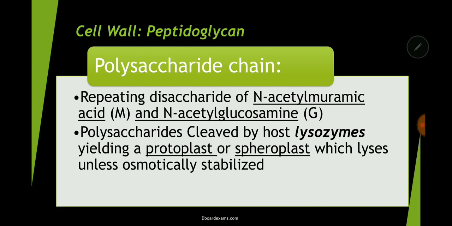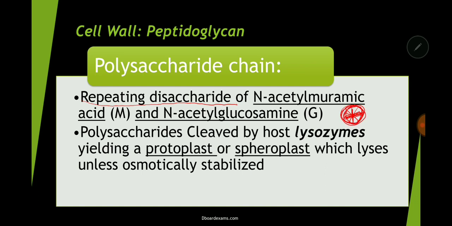So the polysaccharide chain has a repeating disaccharide of N-acetylmuramic acid and N-acetylglucosamine as the repeating disaccharides.